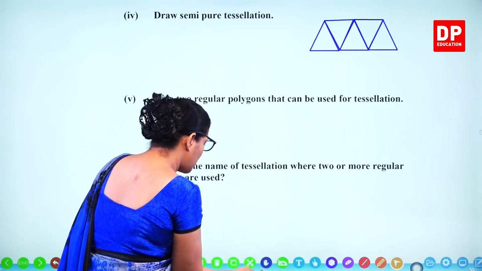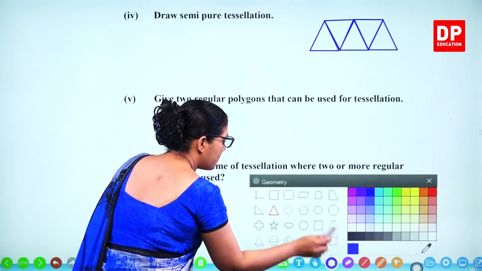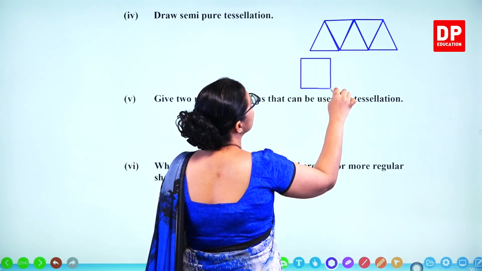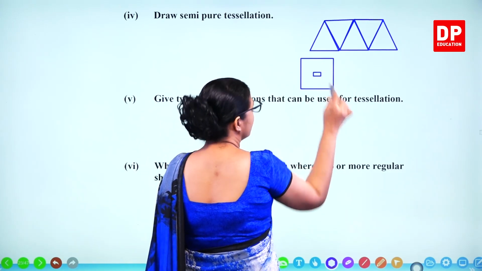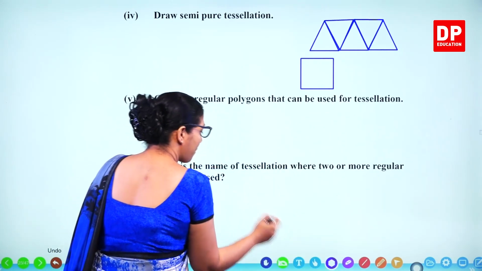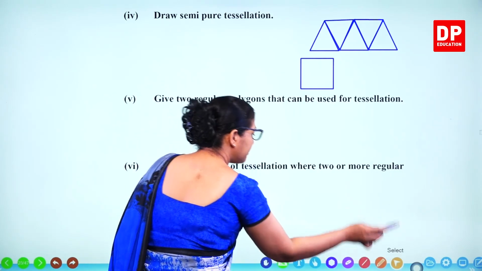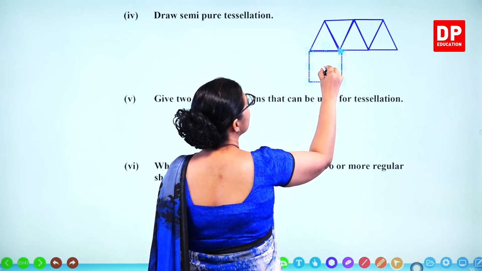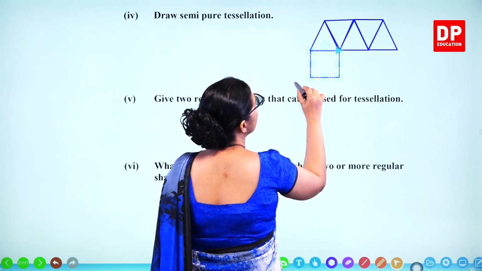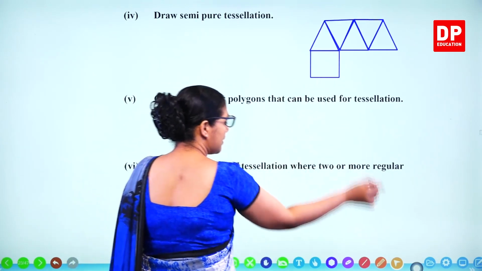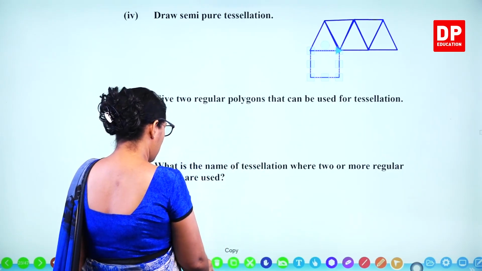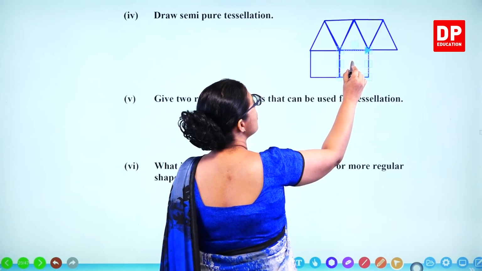And then I can use square. And I can take the same shape again and again and see what the tessellation looks like, semi-pure tessellation.